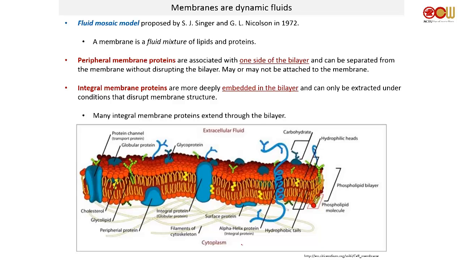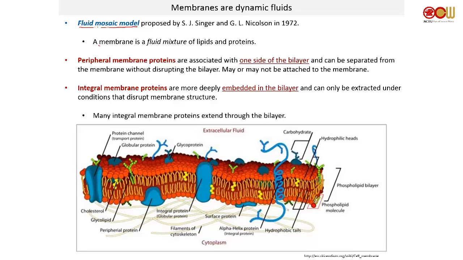Now, membranes, as we know them now, are essentially a fluid. Essentially, it's saying that it's not static. Things are moving all the time inside the membrane, and this is called the fluid mosaic model that was proposed in 1972.